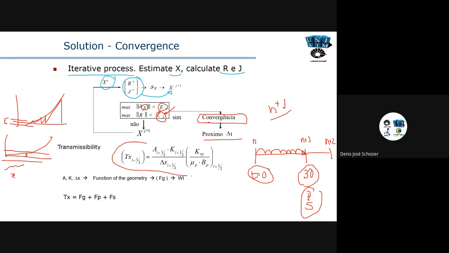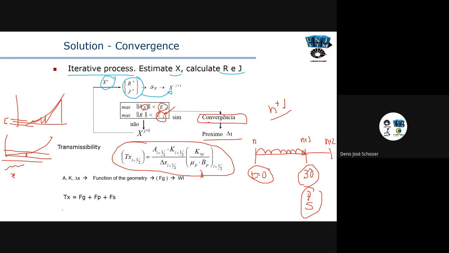And the transmissibility here is calculated as a function of the area, the permeability, the mobility of the phase, and the geometry, okay? I'm going to give a little bit of detail on this transmissibility because it is treated differently in the simulators.